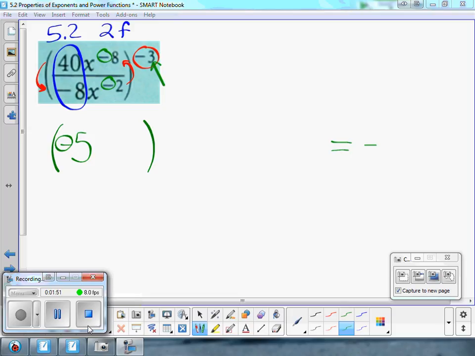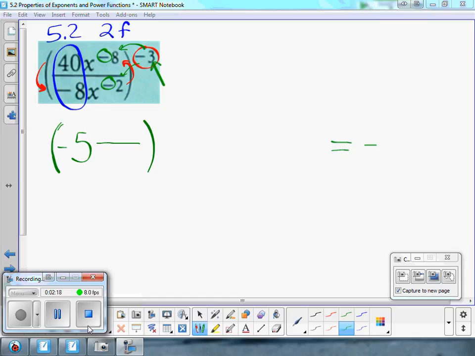All right? So you can kind of look at some things and understand how your answer is supposed to look at the end. All right. So all we did so far is we did 40 divided by -8, and we got -5. Now, if you want to think of this fraction as a separate entity and start applying the negative exponent to it, you can start multiplying here if you want.